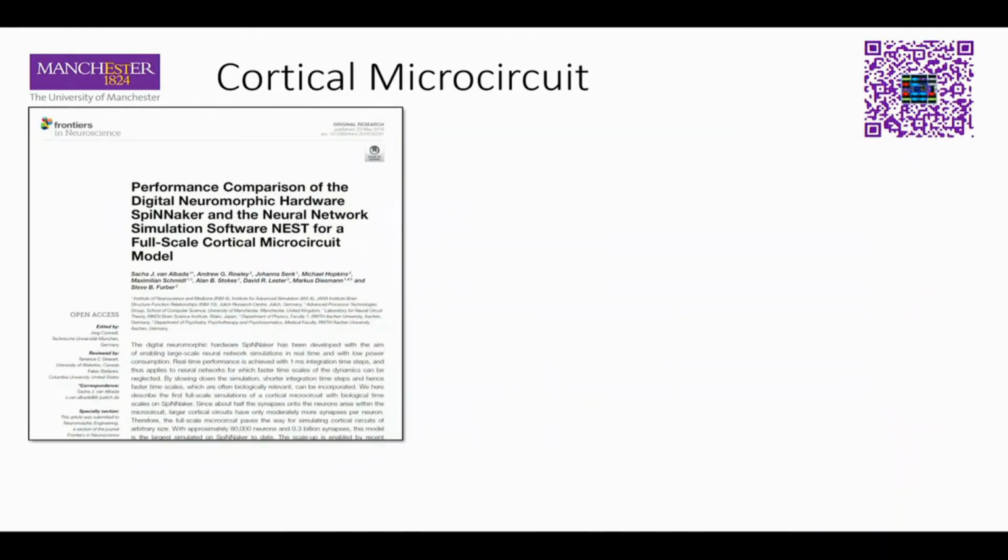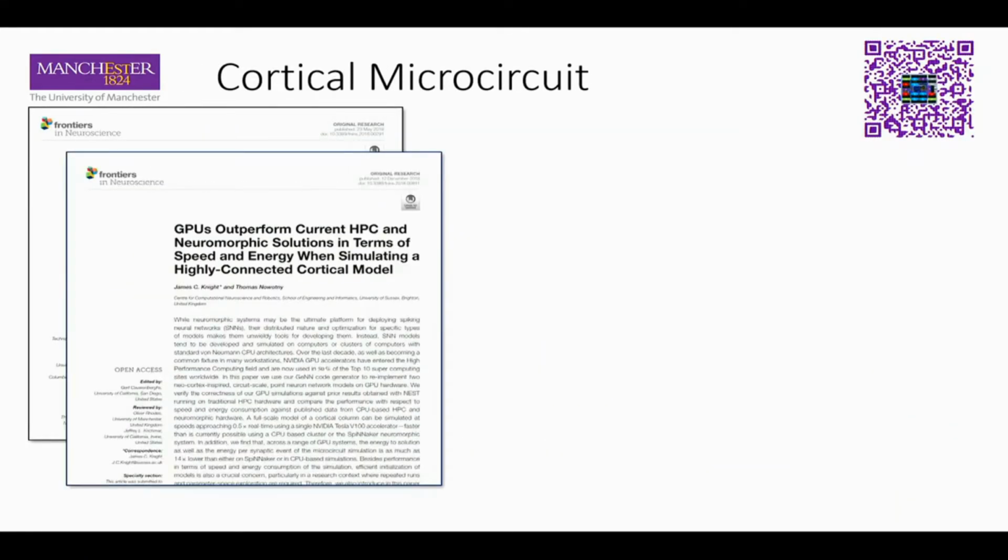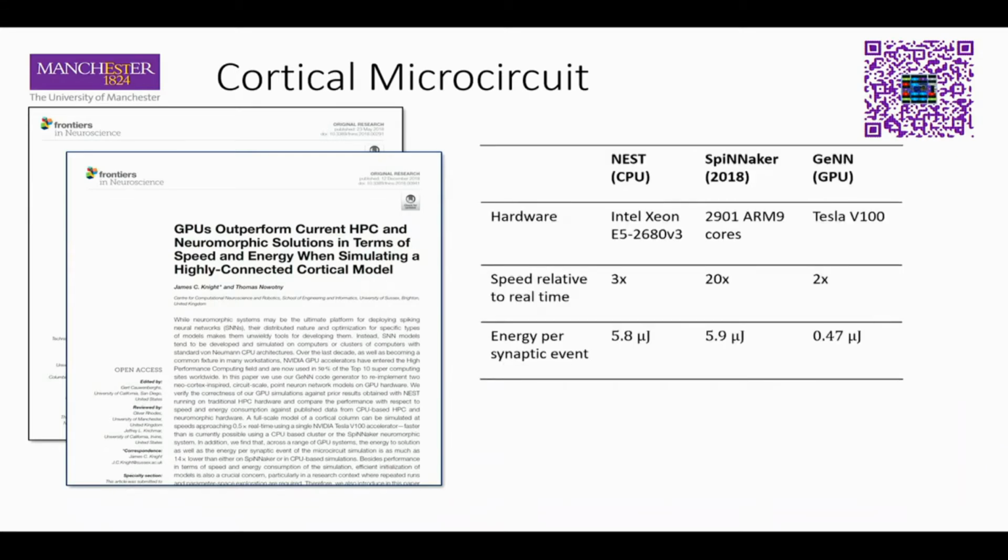And this paper was published in Frontiers, although there was some interesting moment in time where some of our collaborators within HPP decided to do this model on GPUs, and they could show that it was faster. So Nest could do a 3 times slowdown. We could do a 20 times slowdown because SpiNNaker wasn't originally designed for that kind of network.